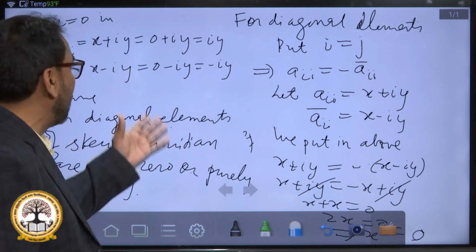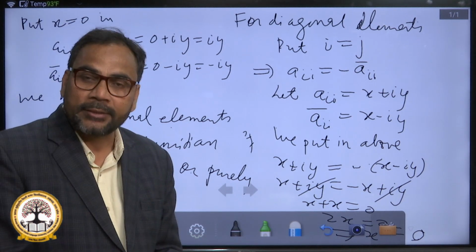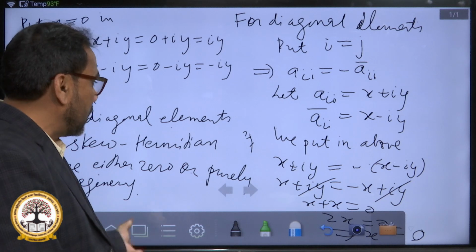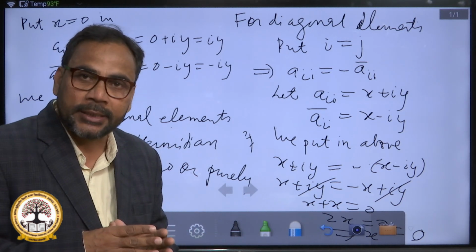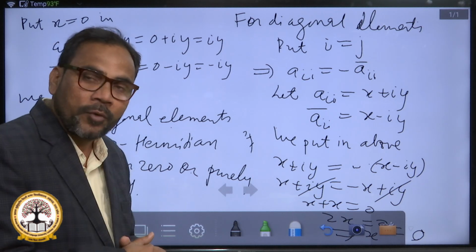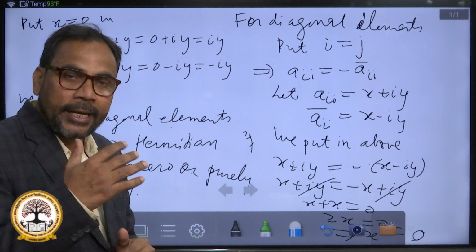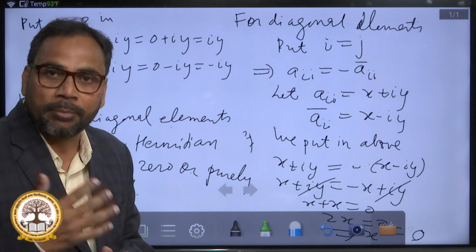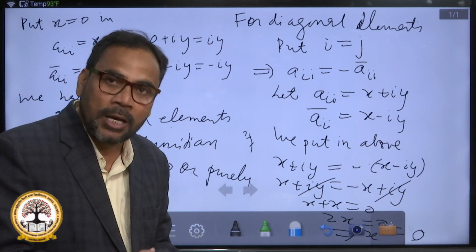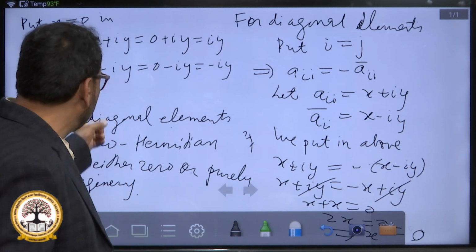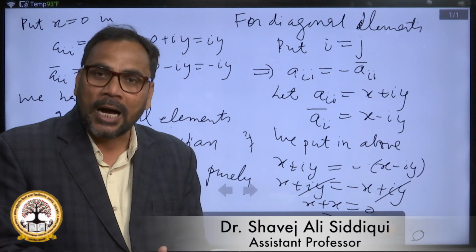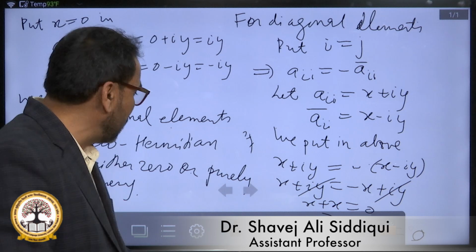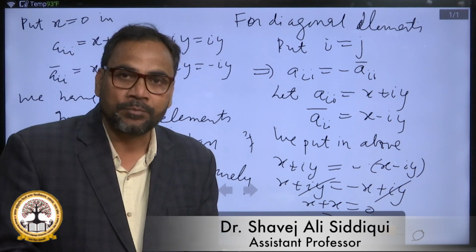So this is the definition of skew Hermitian matrix. And in conclusion, in a skew Hermitian matrix there are two conclusions. First, the condition A to the power theta is equal to minus A is satisfied. And also all the diagonal elements of a skew Hermitian matrix are either 0 or purely imaginary. Thank you.